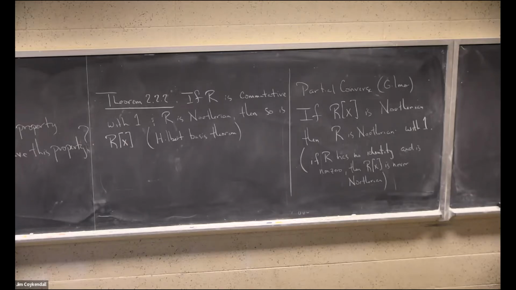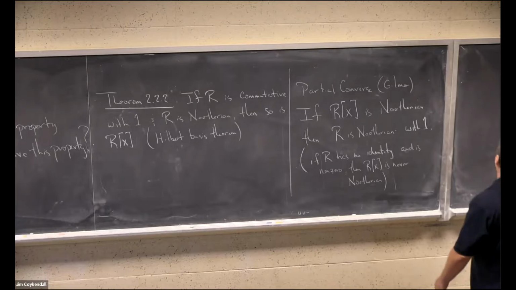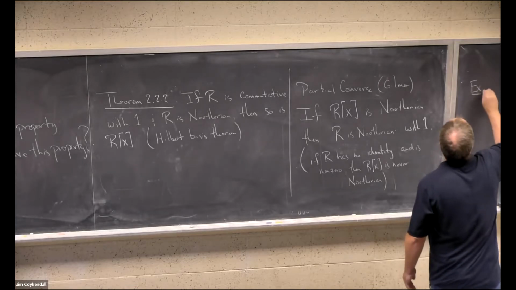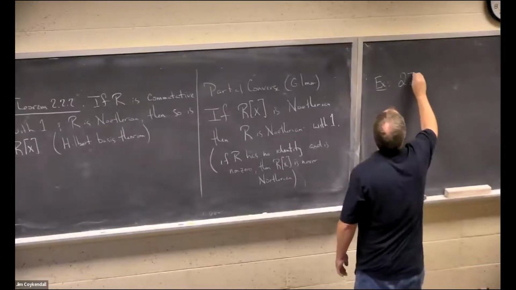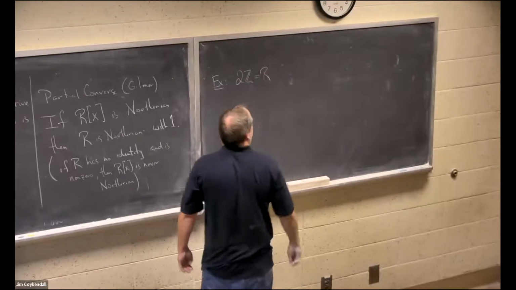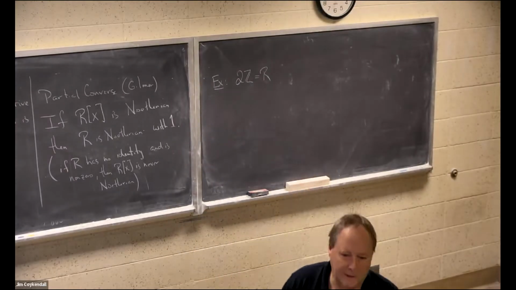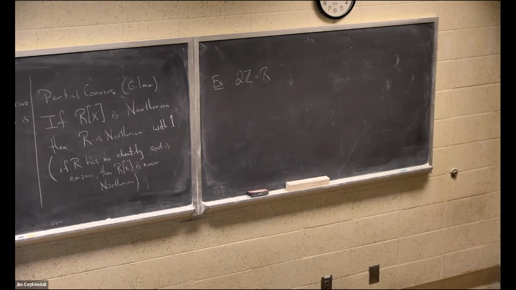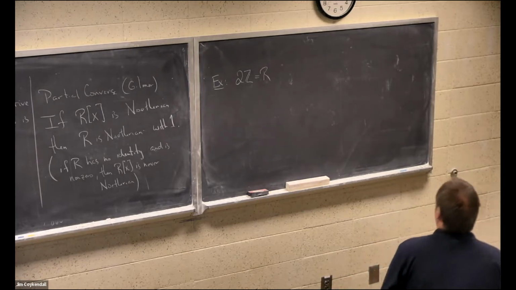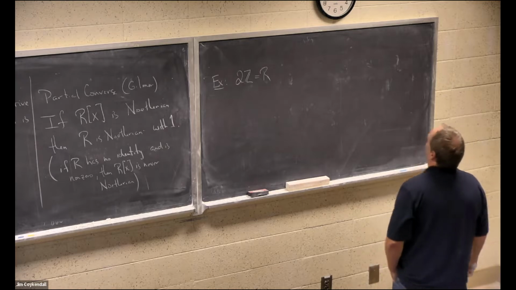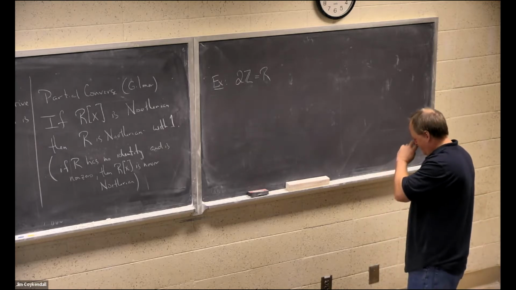So for example, here is one of the simplest rings that I can think of that has no identity, right? That's not zero. Actually, I can make it worse.